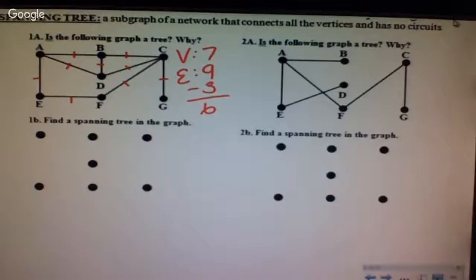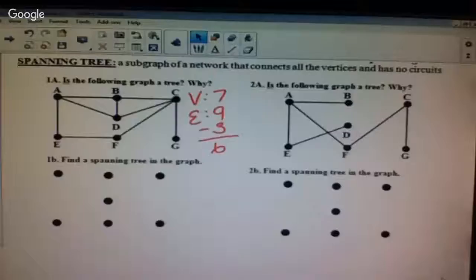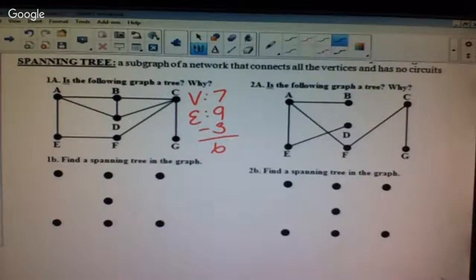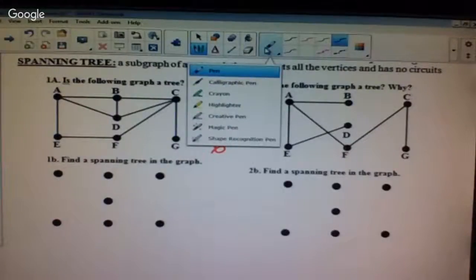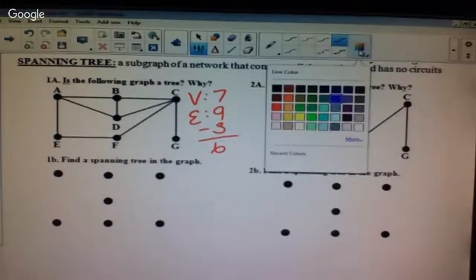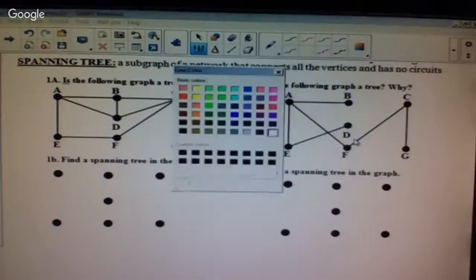Which lines would you like to get rid of?